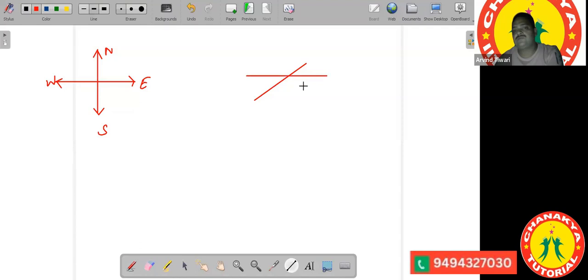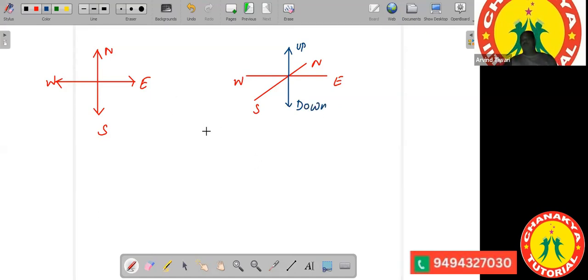So this is your north, south, east, west, and you have your vertical up and this is your vertical down. It depends upon the question which diagram you have to assume. If it doesn't involve vertical up and down, you can take the help of this one. If it involves vertical up and down, you will take this one.